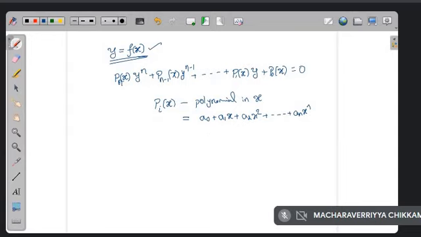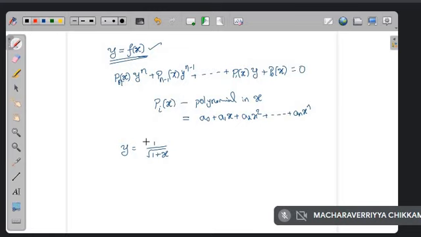As an example, we can talk about y equal to 1 by square root of 1 plus x. Let me check whether it is an algebraic function or a transcendental one. If you claim that it is algebraic, it must be a root of a polynomial like this.